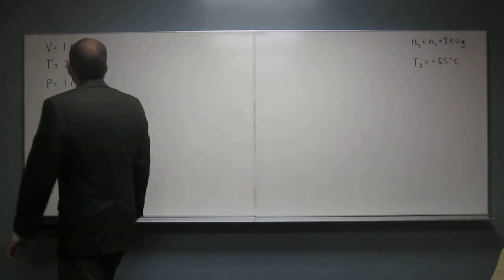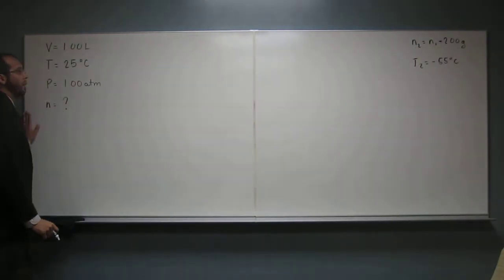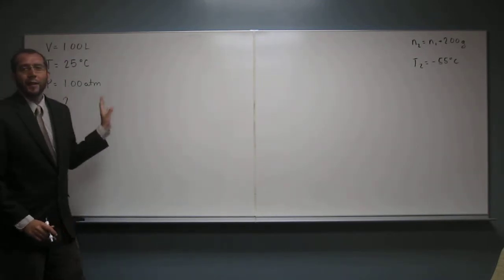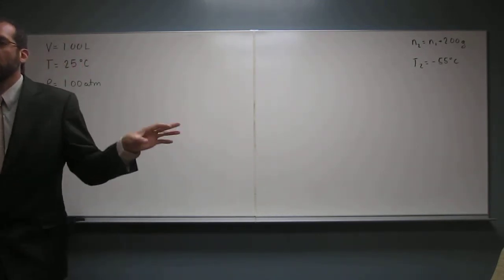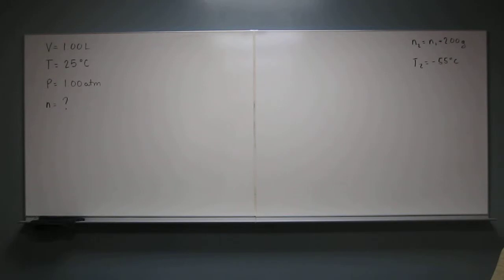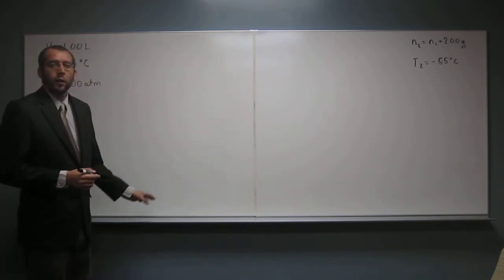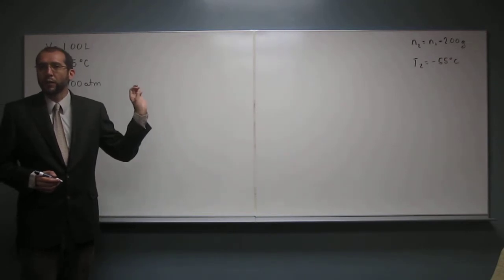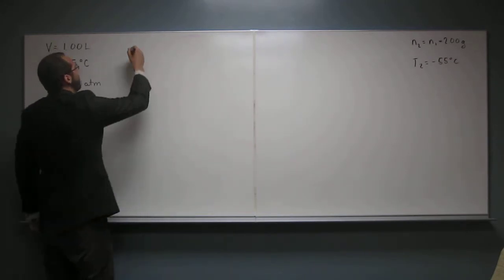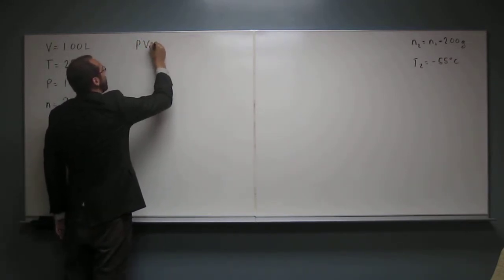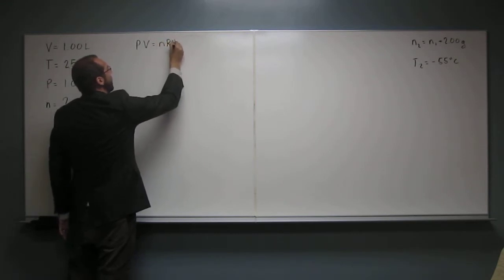Okay, so the first part of the problem really is asking you to figure out the number of moles of nitrogen gas that you have, okay? So in order to do that, you have to use the ideal gas law, PV equals nRT, right?